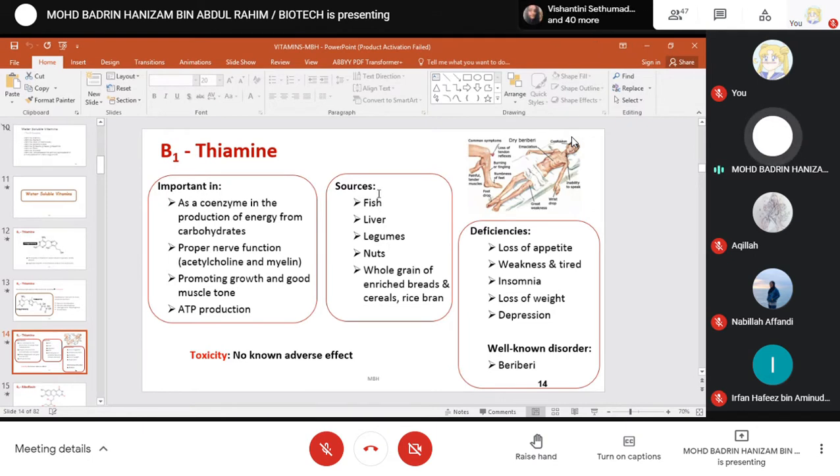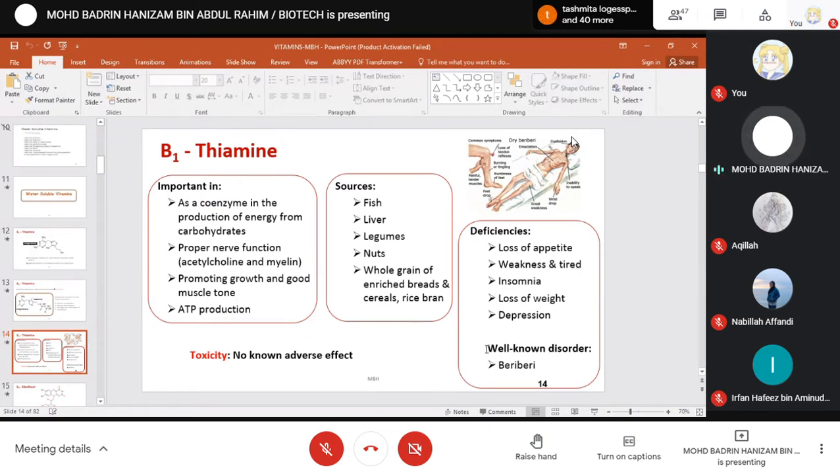So how about the deficiency? With deficiency, you can lose appetite. Of course, when you don't have enough vitamin B1, you cannot generate energy optimally in your body, so you will get weakness and tiredness. You can get muscle weakness, insomnia, loss of weight, because you don't have enough energy, and depression.